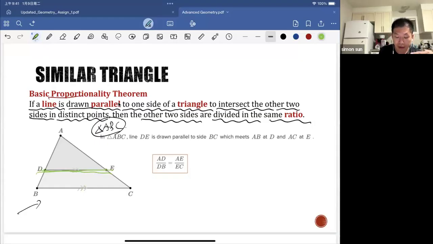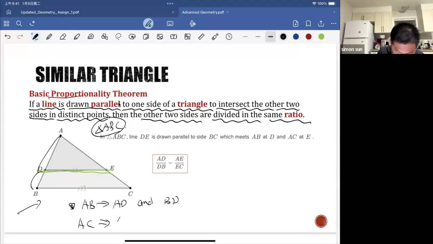In this way, we separate AB into AD and BD by the cross point D here. And we also separate AC into AE and EC.